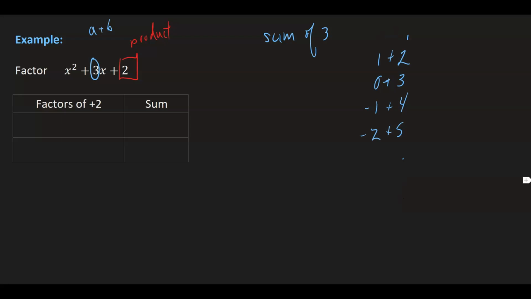So let's not start with the sum. We will start with the product because there will be a lot less of those, okay? So we want to find 2 numbers whose product is 2. Well, factors of plus 2, that is 2 and 1, because 2 times 1 is 2. And we have to remember the negative, so negative 2 and negative 1.